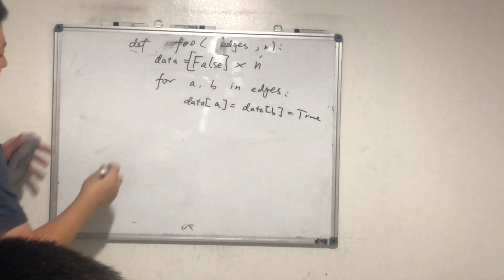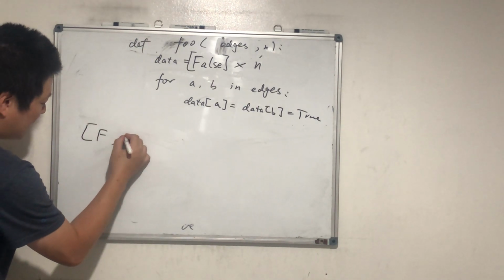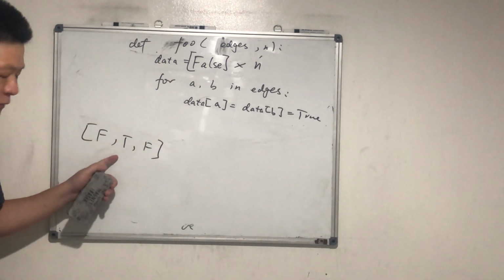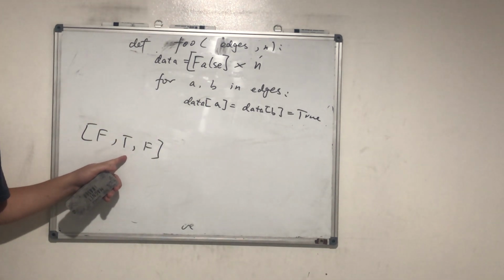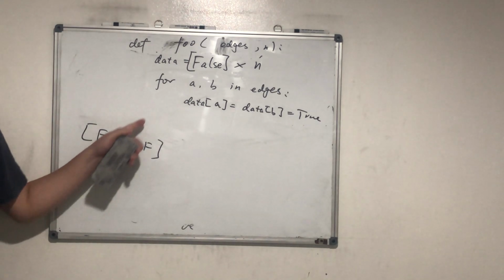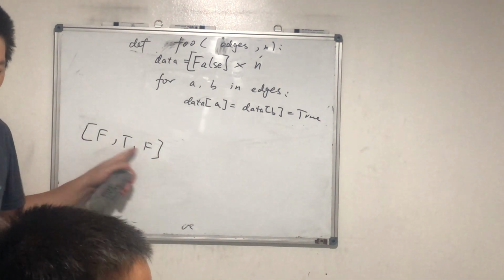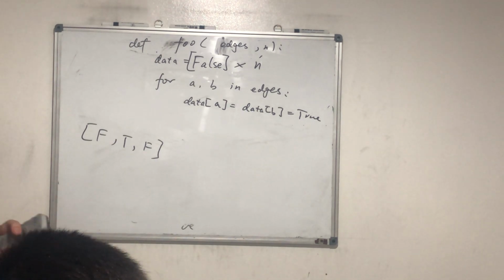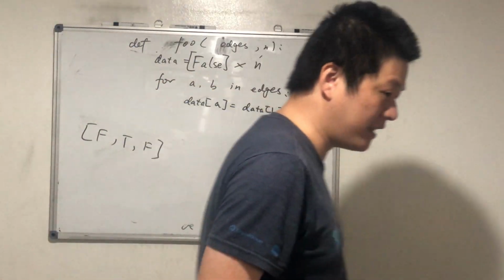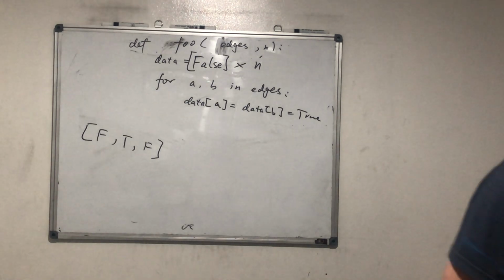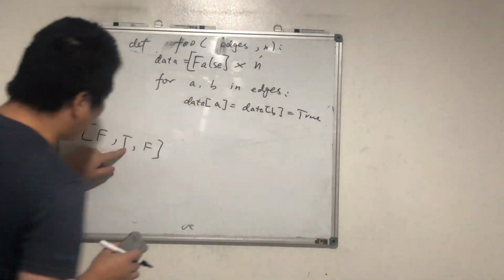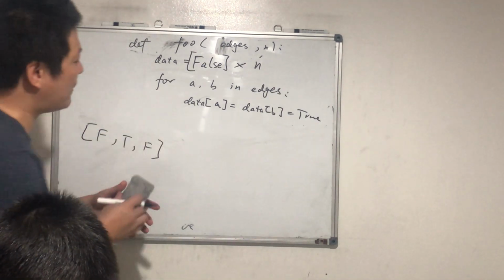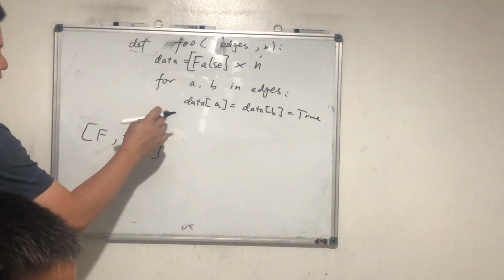Okay, so now we have an array. How can we check easily if there's a false in here? If everybody is true, we want to check if there's a false.